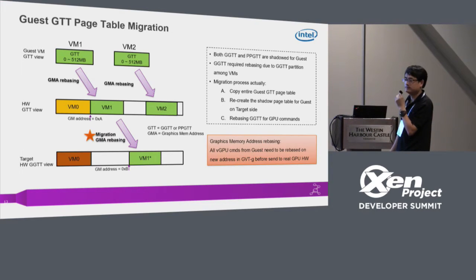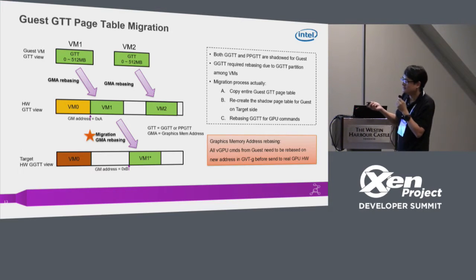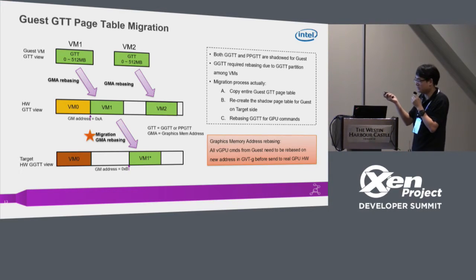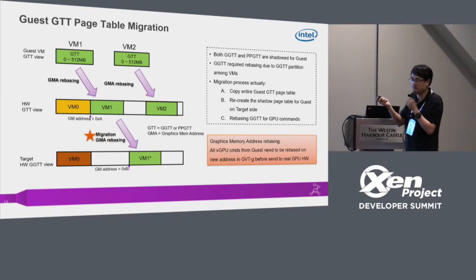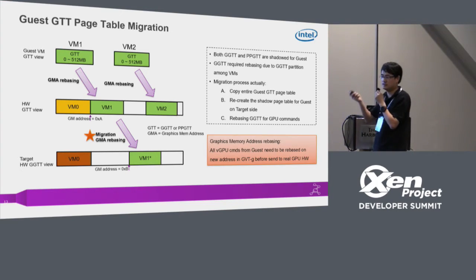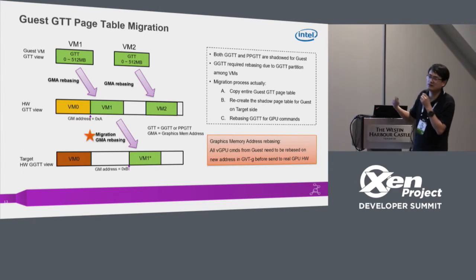You basically try to find a continuous VA space and then land there. The Intel GPU accesses memory through these GTT page tables, and this table is similar to the CPU page tables. The difference is that the CPU accesses system memory through its page table, and the GPU accesses system memory through its GTT page tables. I'm not sure I answered your question.